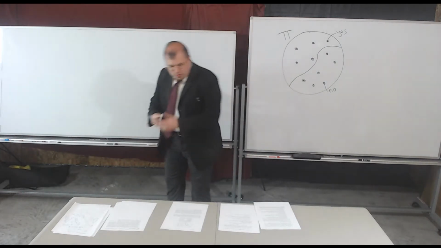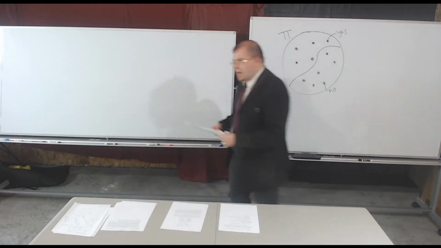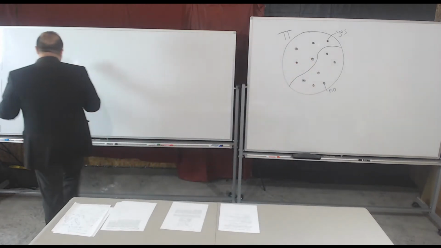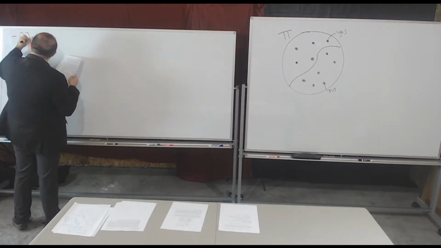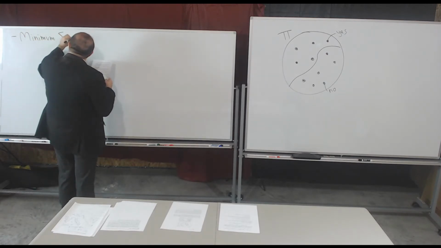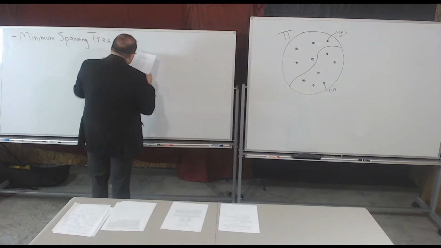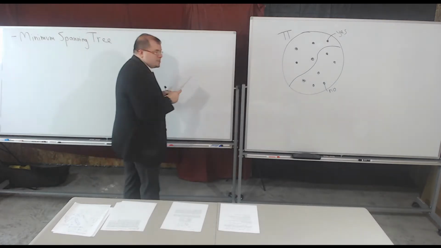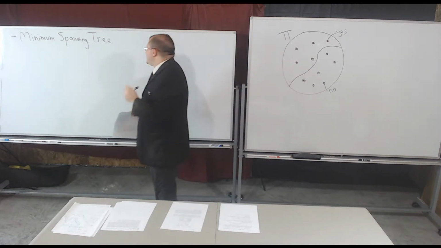So the first example is probably one you may have encountered in the past, the minimum spanning tree problem. I'm going to give you some examples here. The first one, I'm just going to call it minimum spanning tree. Now, just to be clear, the minimum spanning tree problem is an optimization problem, so we need to be a bit more particular.